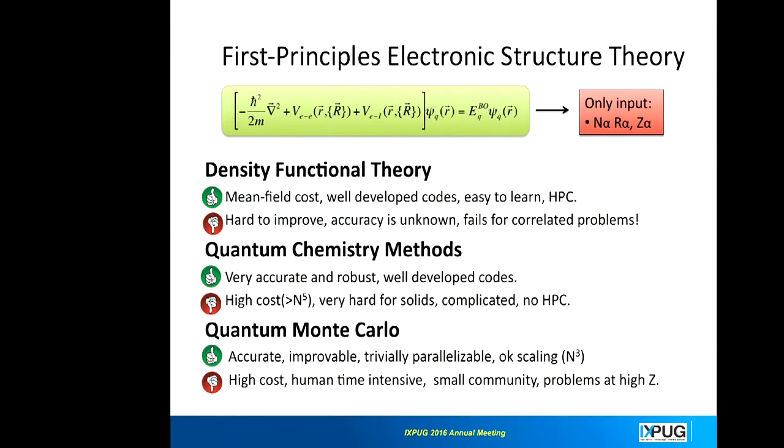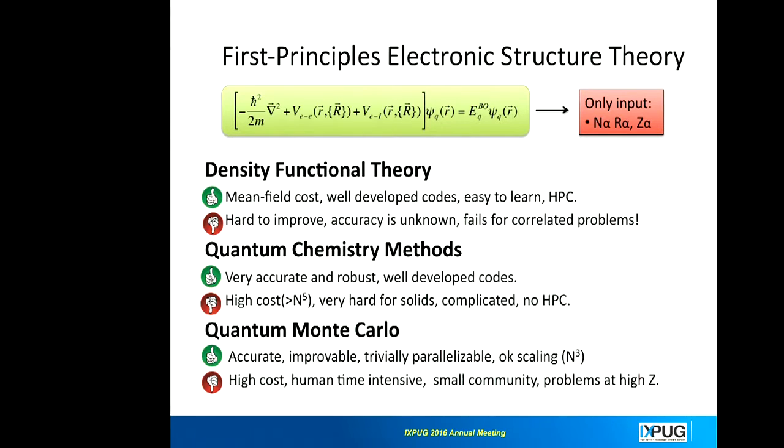Due to its theoretical limitations, it's hard to improve, and it doesn't have built-in support for strongly correlated electron systems. Quantum chemistry methods are usually very expensive, very hard to get working well, and also bad in the HPC world. The method we use, quantum Monte Carlo, is systematically improvable in accuracy, and you can easily parallelize it.